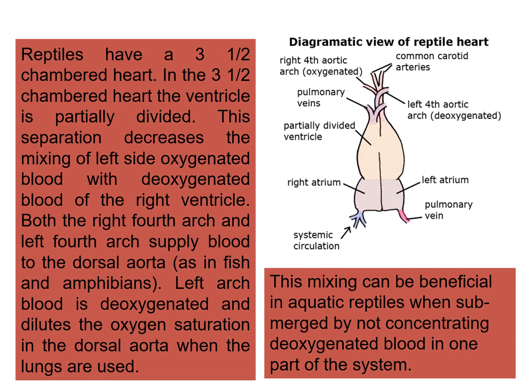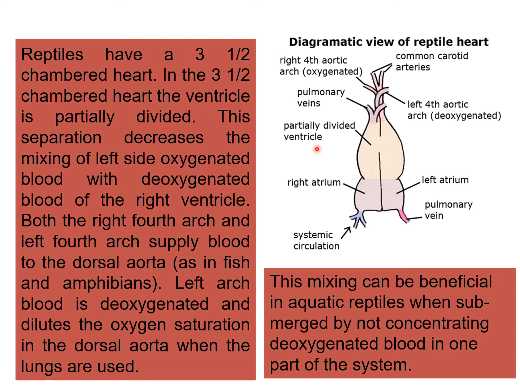This mixing can be beneficial in aquatic reptiles when submerged, by not concentrating deoxygenated blood in one part of the system. In this picture, see the diagrammatic view of the reptile's heart.